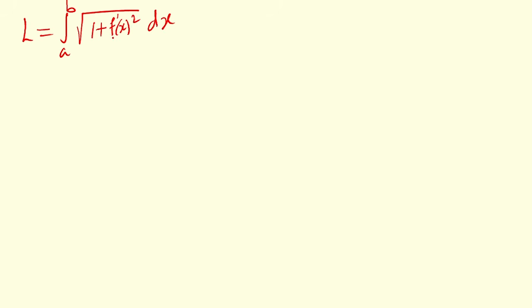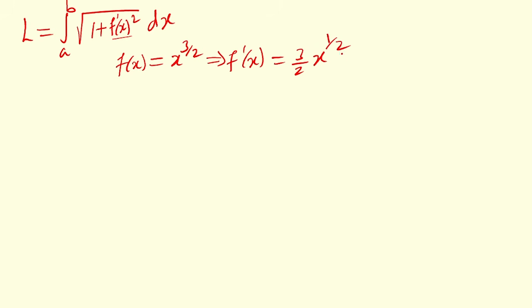Now, what's f prime at x squared? What's f of x? f of x is y, x to the power of 3 over 2. Then f prime at x, the derivative, is 3 over 2, x to the power of 3 over 2 minus 1, which is 1 over 2.